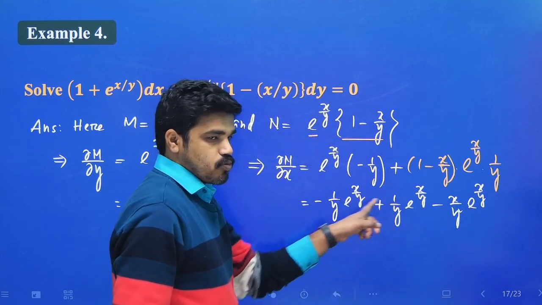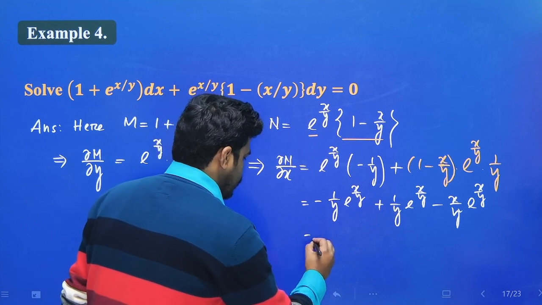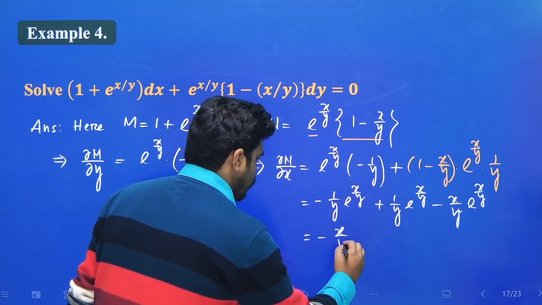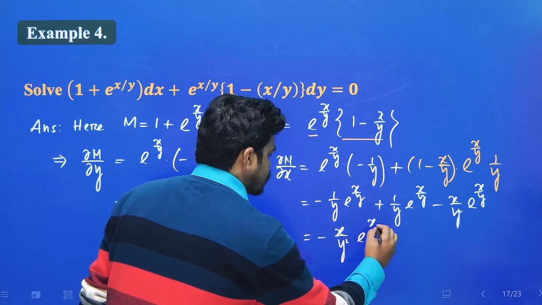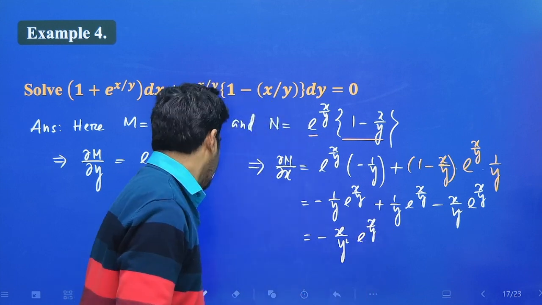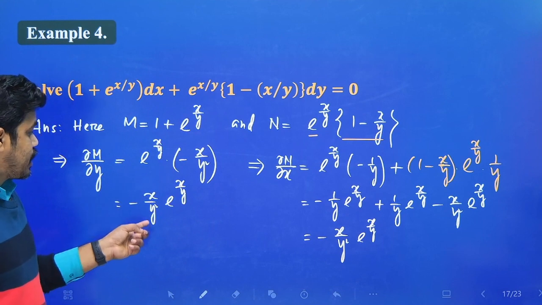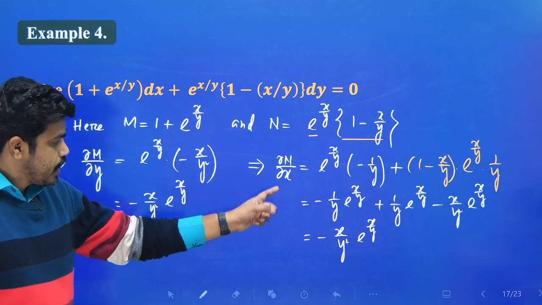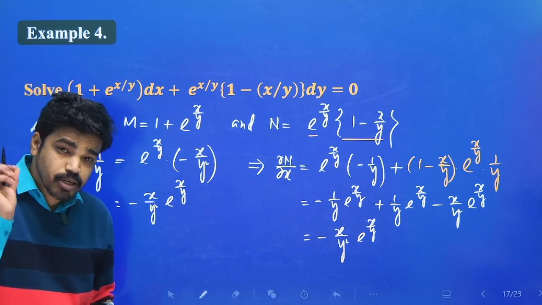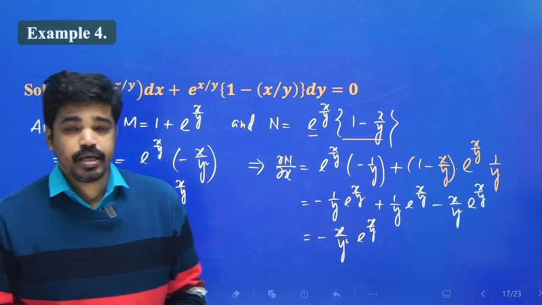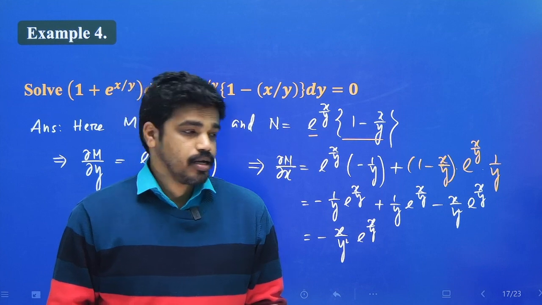So this term will be cancelled, so ultimately you get minus x by y square e to the power x by y. So del M del y is minus x by y square e to the power x by y, and del N del x is minus x by y square e to the power x by y, so we conclude that del M del y is equal to del N del x.